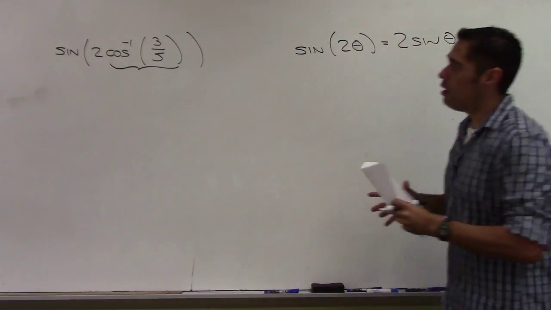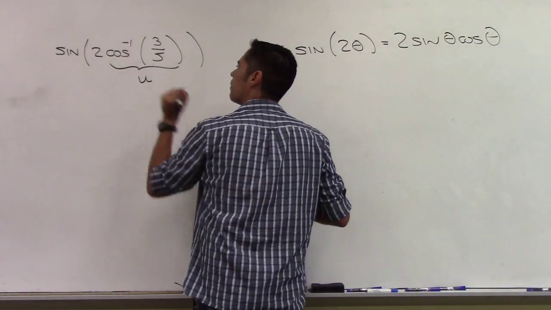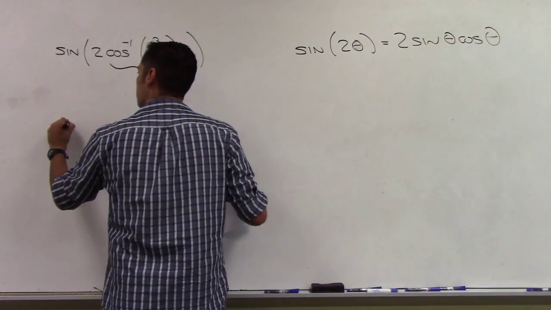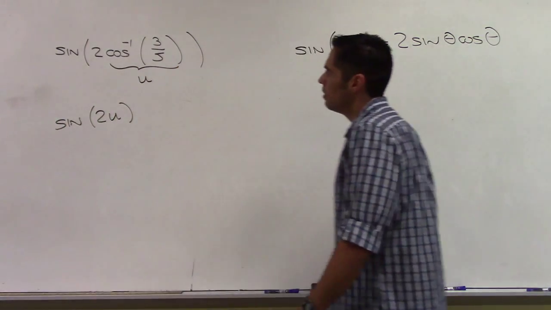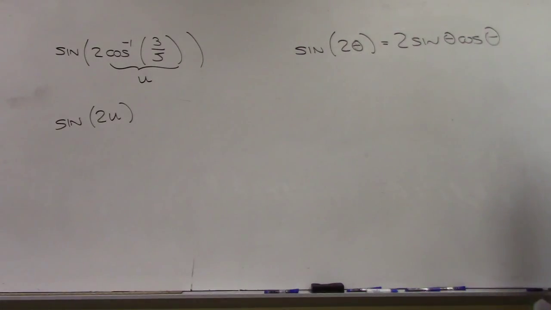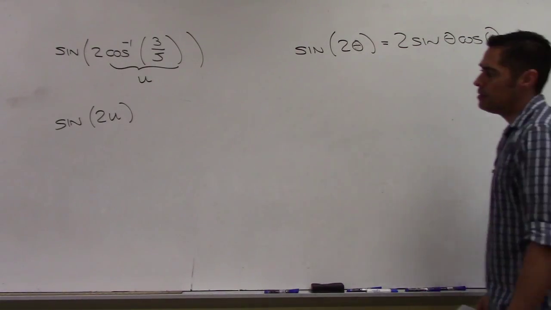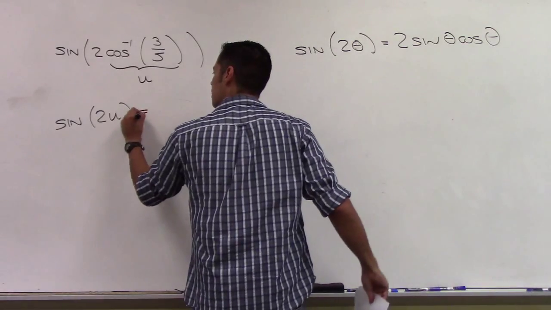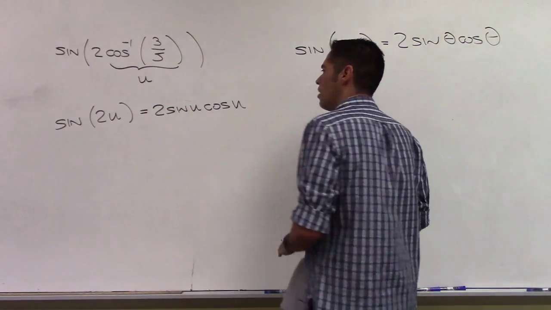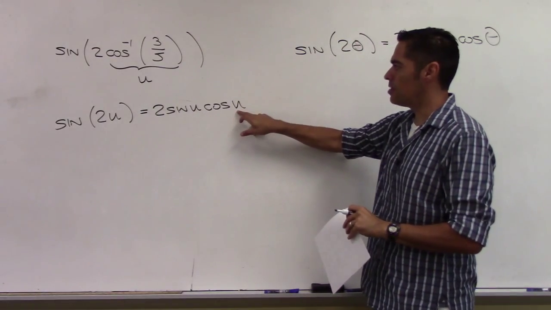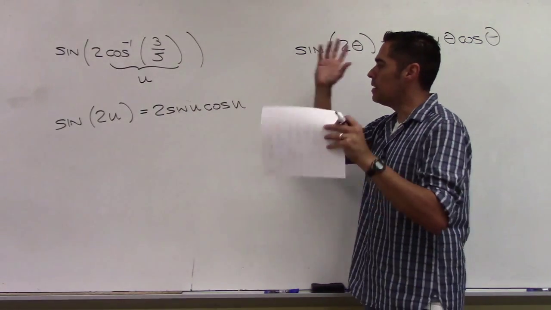And so I will call it u again, so that this thing really looks like sine of 2u. And according to that formula, this is 2 sine u cosine u. So I just need to figure out what sine of u is and what cosine of u is. And then I'd be done.